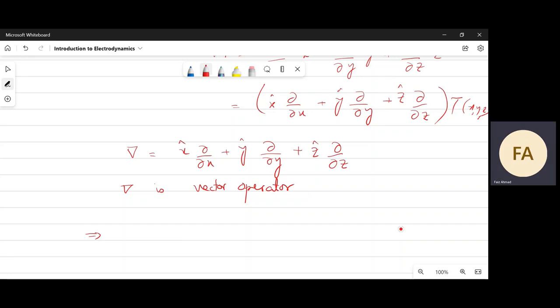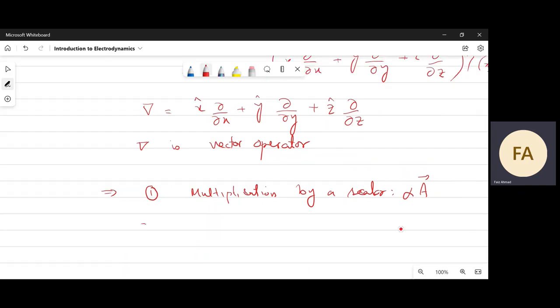The three different multiplications for vectors were, the first was multiplication by a scalar, like alpha A, where A is a vector and alpha is a scalar.